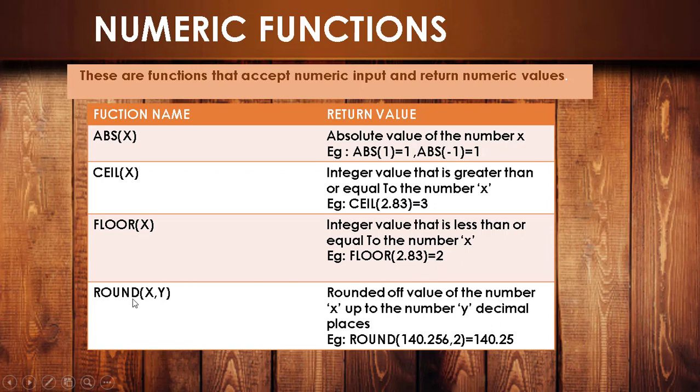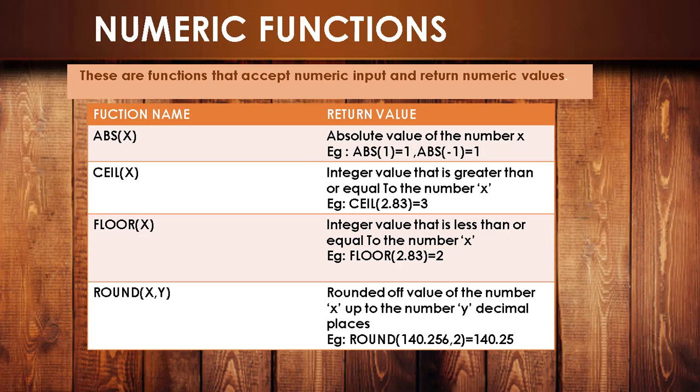The next function is ROUND(x, y). It returns the rounded off value of a number x up to y decimal places. For example, in this the x value is 140.256, comma 2, where 2 is the y value.